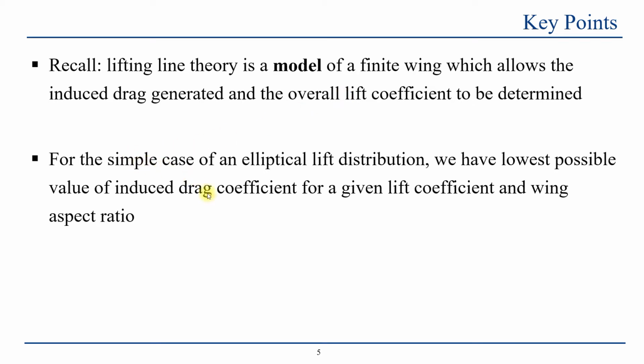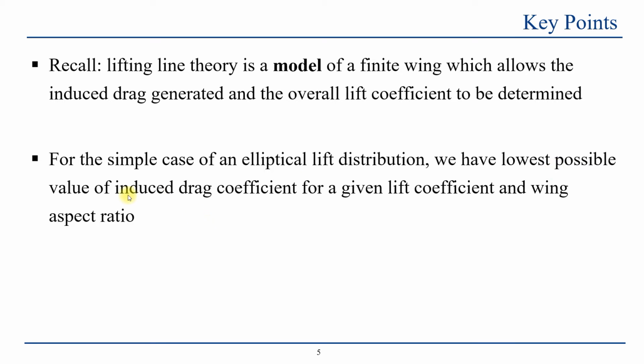For the simple case of an elliptical lift distribution, remember that elliptical lift distribution also is a very particular case of a lift distribution that technically only exists on a very particular shape of an airfoil that we will get to later on, we have the lowest possible value of induced drag.